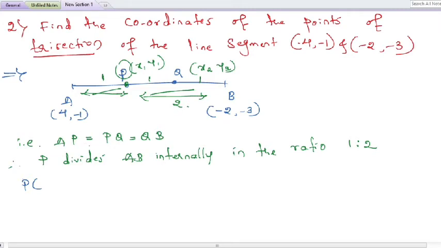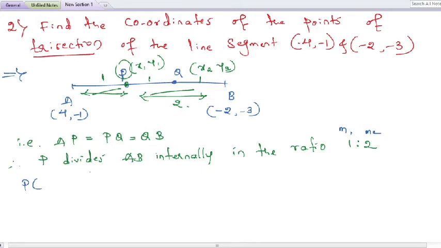Now consider the points here. Say it is M1, it is M2.